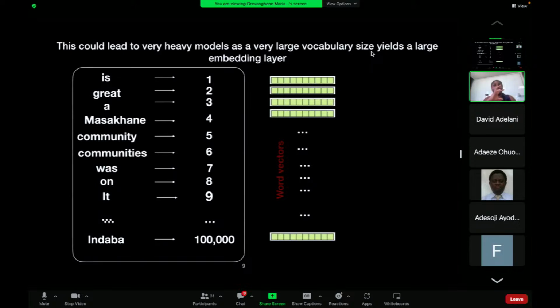The embedding layer takes up a large fraction of your model, and large embeddings lead to very heavy models. If I had 100,000 words, then I would have an embedding of 100K by whatever your hidden size is.